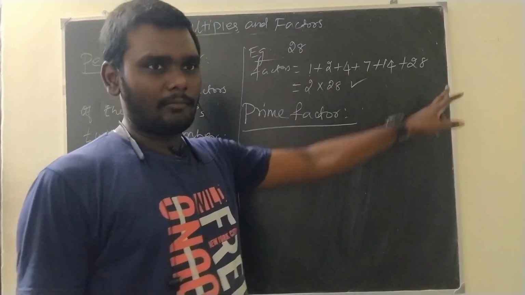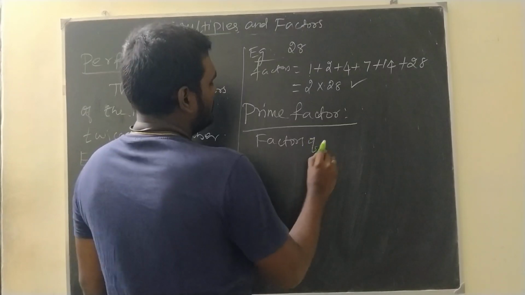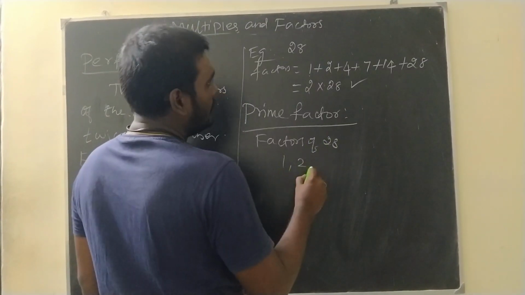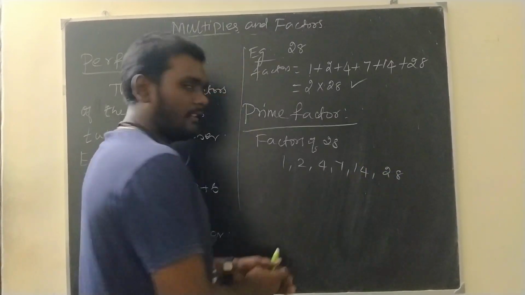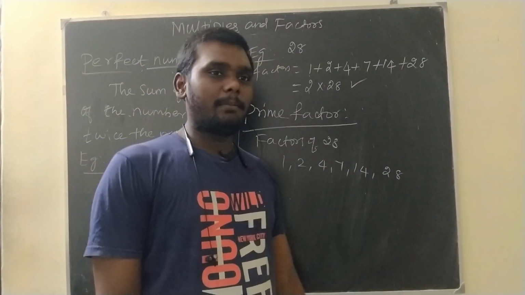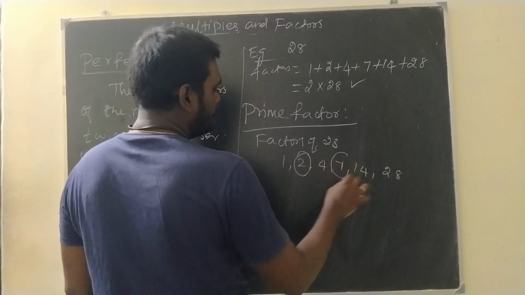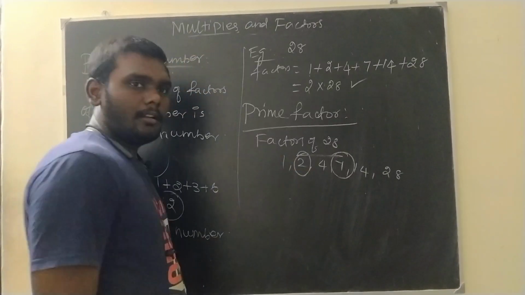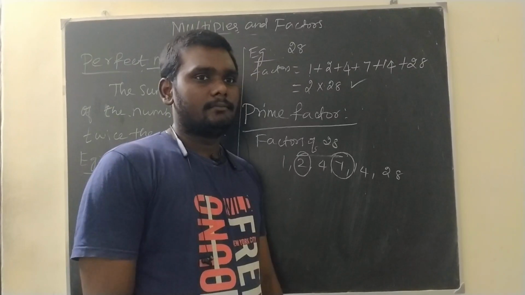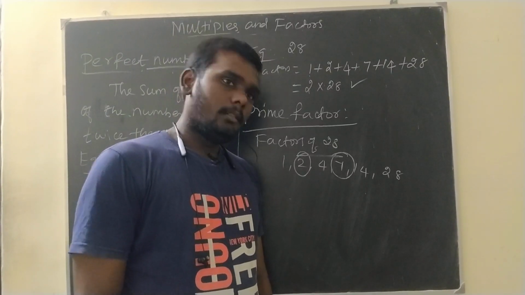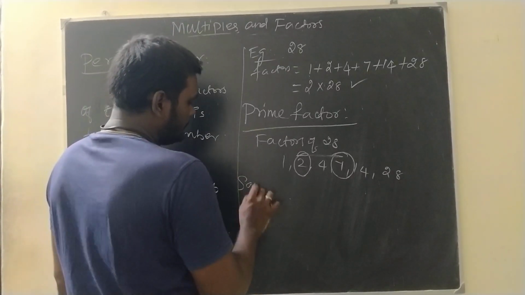Here we listed out the factors of 28, you can take that itself: 1, 2, 4, 7, 14, 28. Among the factors, which one is a prime factor? 2 and 7. These two are called prime factors because they are prime numbers working as factors. Okay. Prime factors.